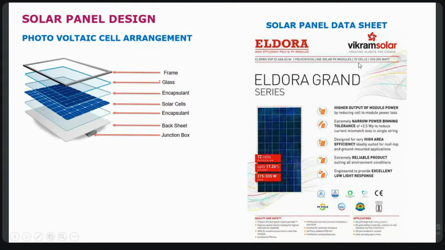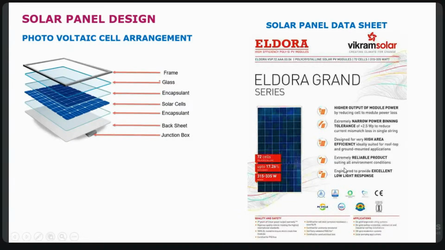A single cell will generate 0.5 or 0.6 volts, generally depending upon the silicon material. One silicon material will generate 0.5, another 0.6.